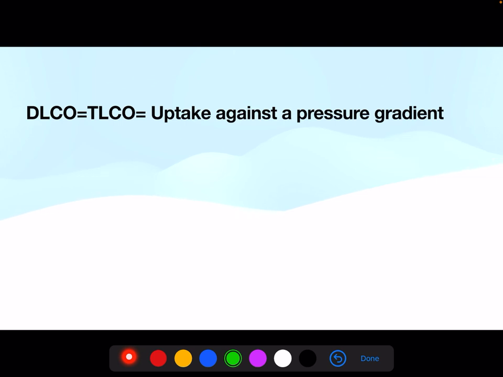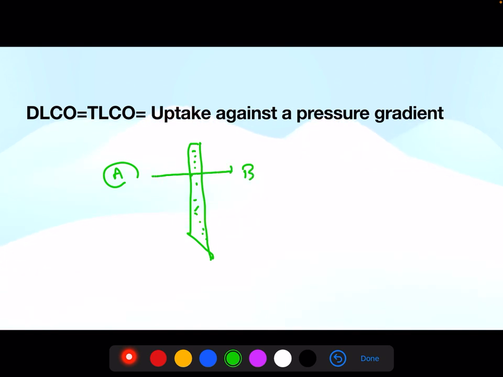From the basic principle of diffusion, let us consider this is a membrane. From site A to site B, a substance is diffusing. The more the surface area, the more the diffusion, so diffusion is directly proportional to the surface area.